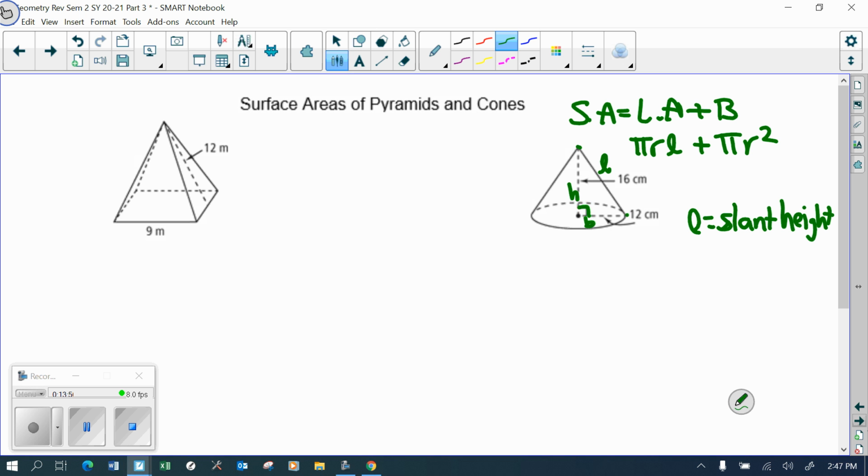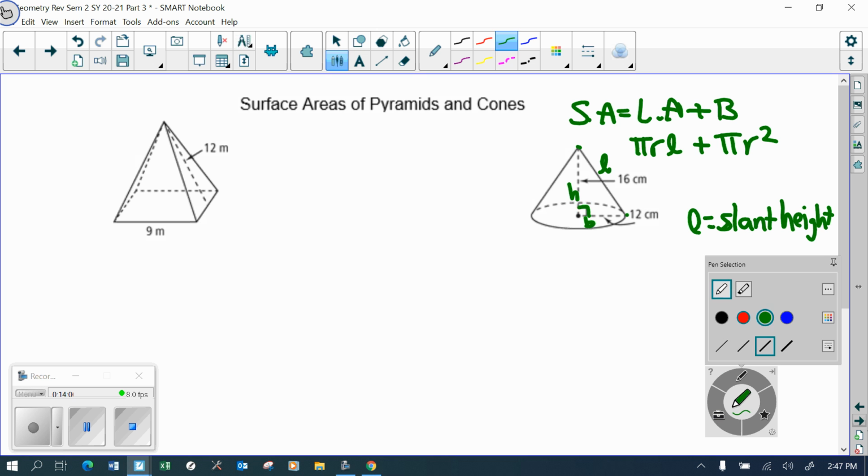Okay. Now, notice I have a right triangle here. So I should be asking myself, do I recognize this as a Pythagorean triple to save my time? Well, remember, that's 12, 16. But if I look at the GCF of 12 and 16, it's 4, so I divide each by 4, and I have a 3, 4, 5 Pythagorean triple.